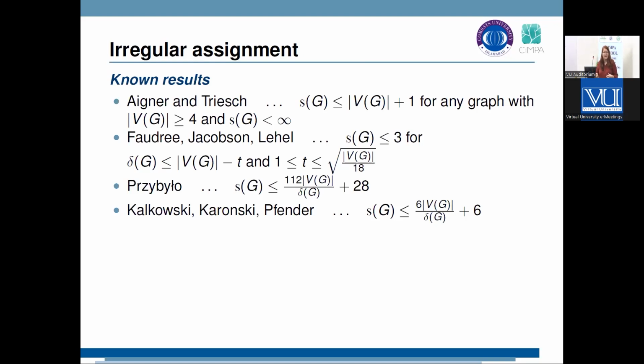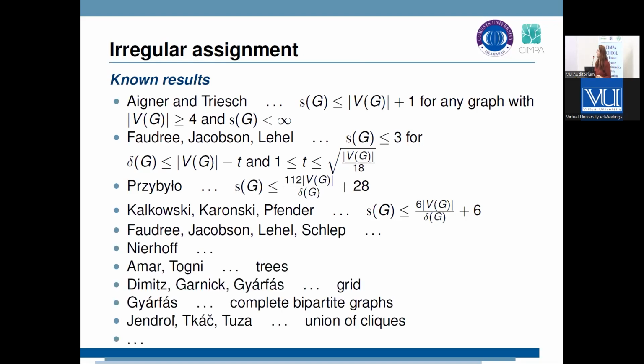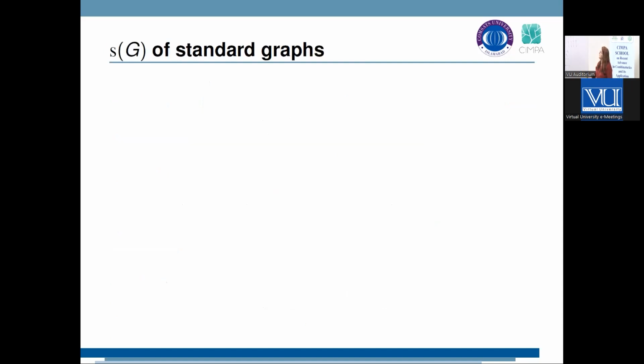Of course, for some graphs the exact value of this parameter is smaller. When you are interested, you can find many results. Okay, so let's now deal with irregularity strength for some standard graphs.